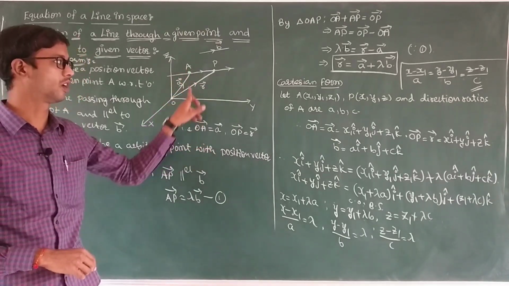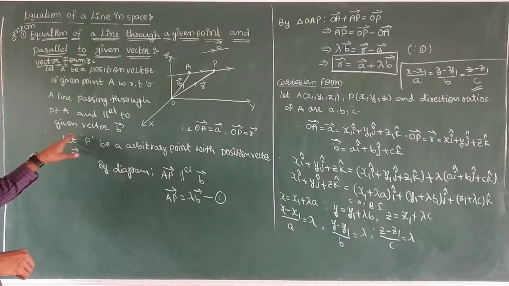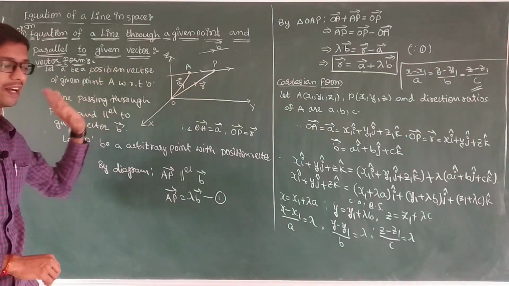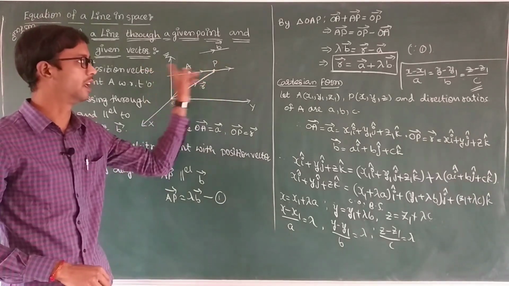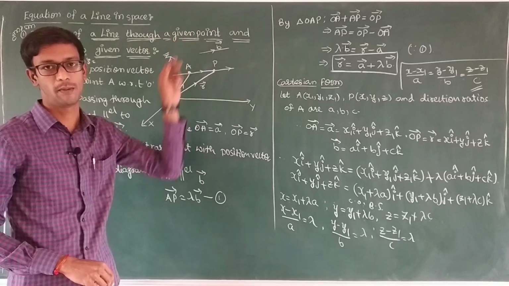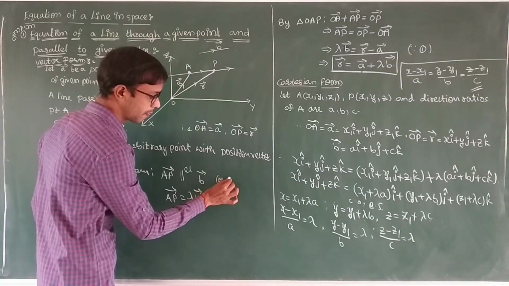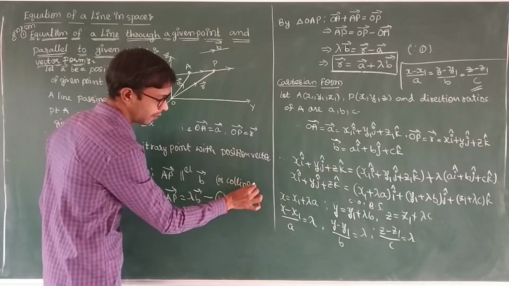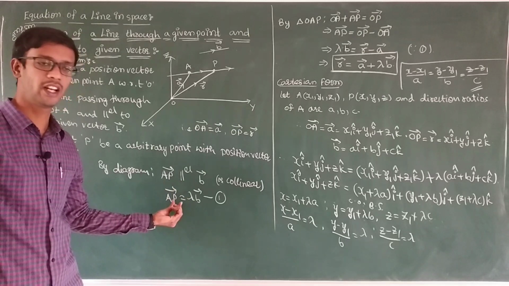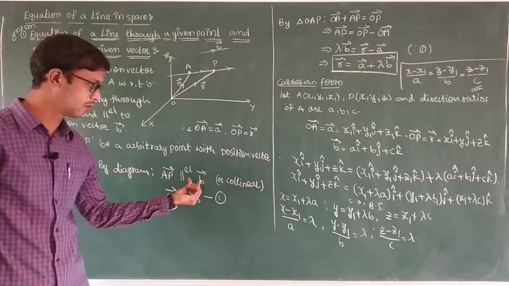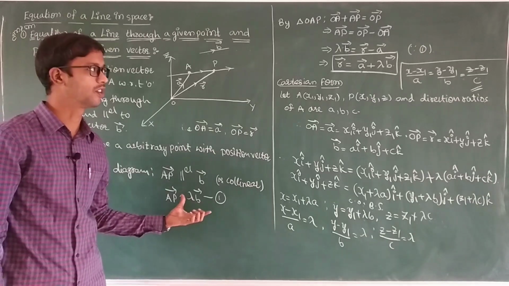OA bar is equal to A bar, OP bar is equal to r bar. By the diagram, AP bar is parallel to B bar. Parallel is nothing but collinear. By the collinear condition, AP bar is equal to lambda times B bar. I am taking this as equation 1.